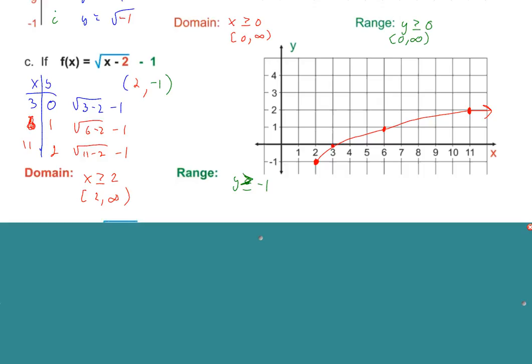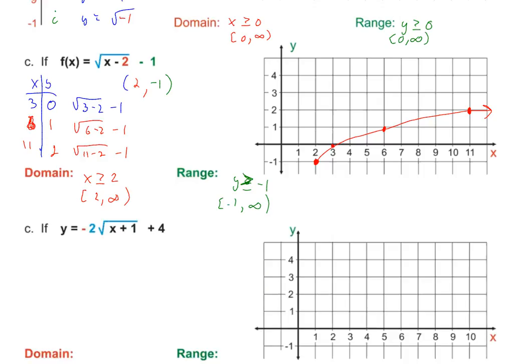And again, if you went interval, bracket, -1, comma, infinity, parentheses, right? Everybody okay with that? So we translated this function 2 to the right and 1 down. We know how to do this. We did it with parabolas, with absolute value, with other things. Okay, XY chart gets you the values, and away you go.